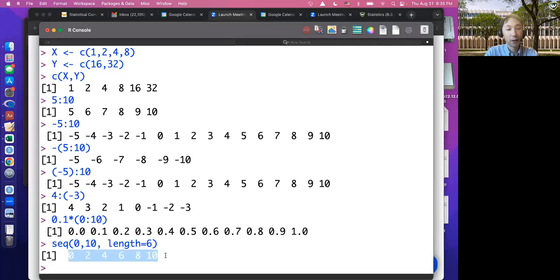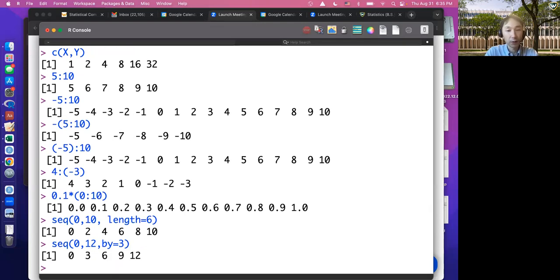So the increment becomes 2. So this is a vector with 6 elements, starting with 0, ending with 10, and of length 6. And also you can specify the increment rather than the length. This is maybe more natural. So this becomes 0, 3, 6, 9, 12.